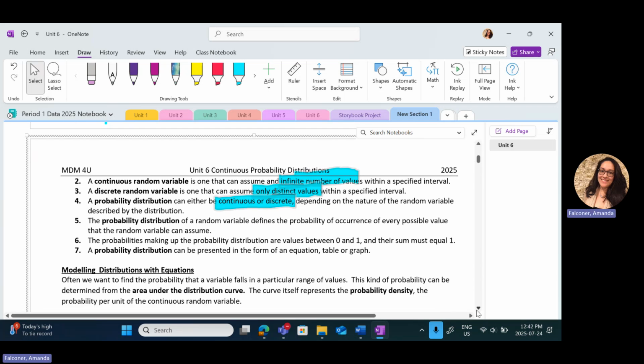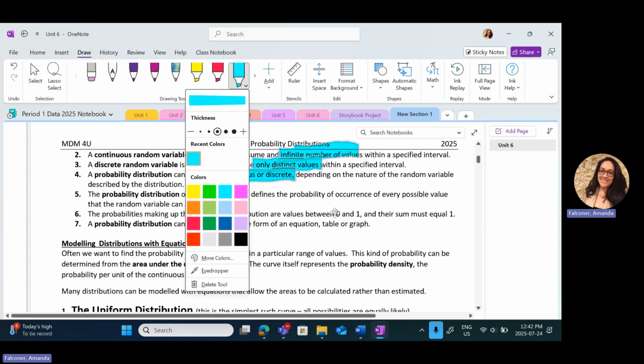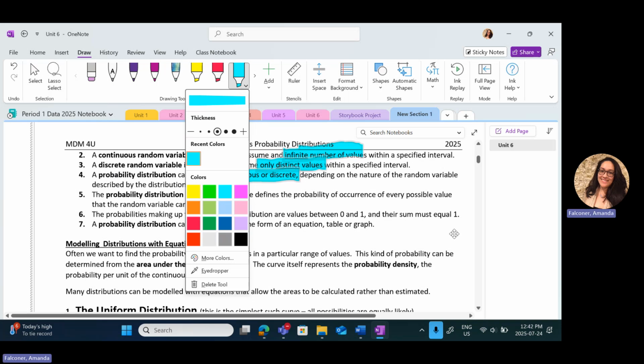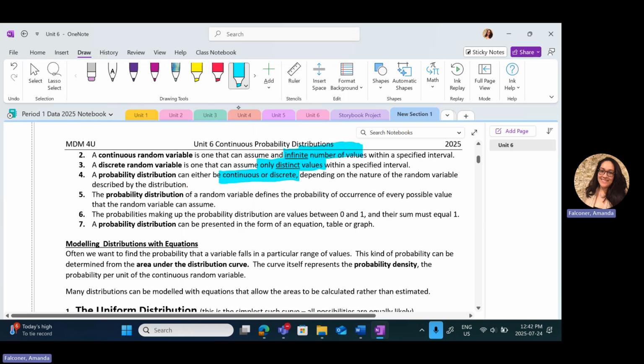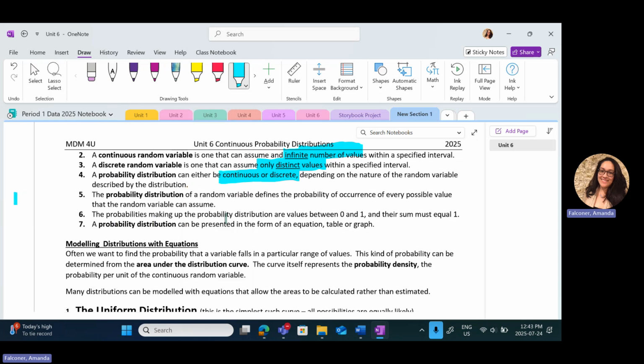The probabilities making up the probability distribution are between 0 and 1, and their sum must equal 1. A probability distribution can be presented in the form of an equation, table, or graph.